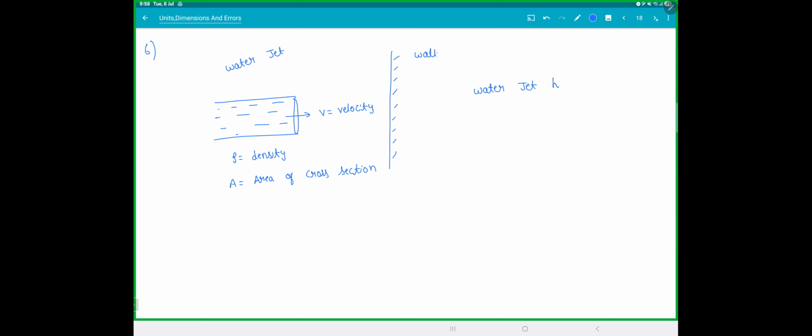So water jet hits the wall and stops, exerting a force on the wall. Find the relation between force and rho, A, v.